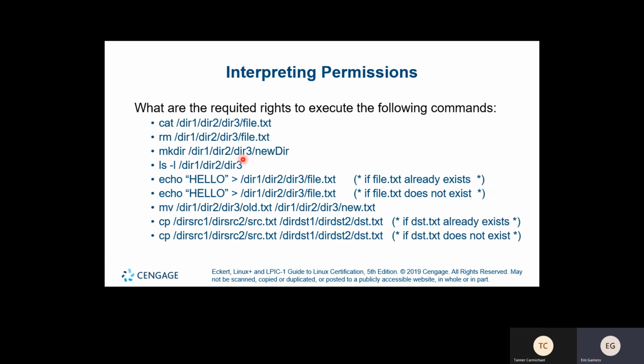I need W and execute. Remember, the W allows you to remove or add files and directories inside the directory. So since I need to add a directory, I need W and X to do this mkdir. If I don't have the WX right on directory 3, I will not be able to make the directory. I need both rights.